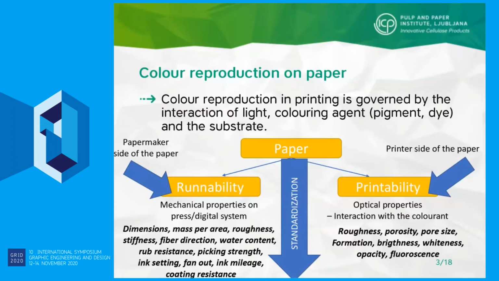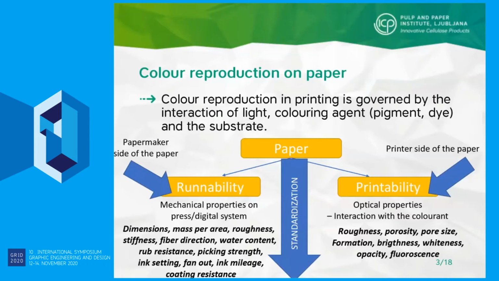The paper makers are mainly concerned about the so-called runnability, the mechanical properties on press or digital system, which are measured by dimensions, mass per area, roughness, stiffness, fiber direction, water content, rub resistance, picking strength, and so on.